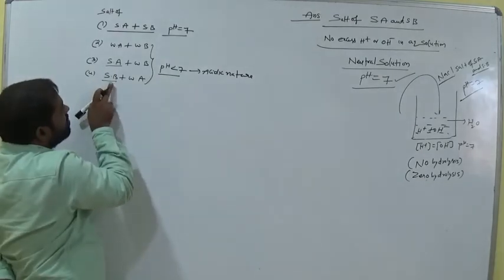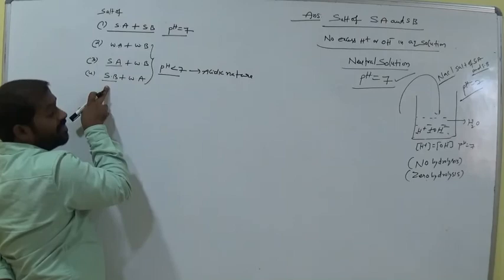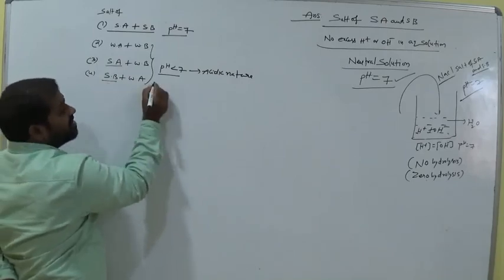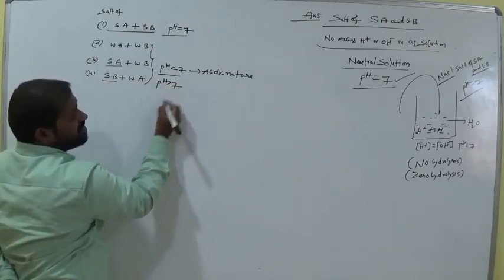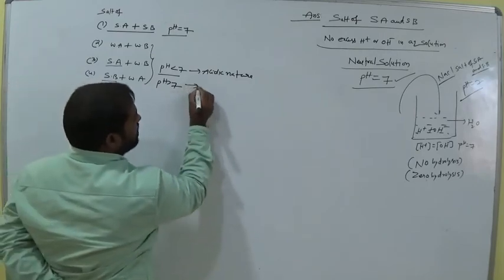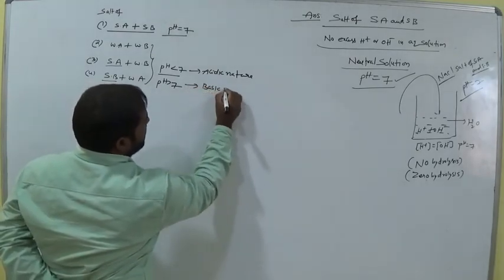Come to here, salt of strong base and weak acid, which one is more dominated? Strong base is dominated. So pH value is greater than 7 or not? Greater than 7. So now what is the nature of the solution? Basic nature, clear?